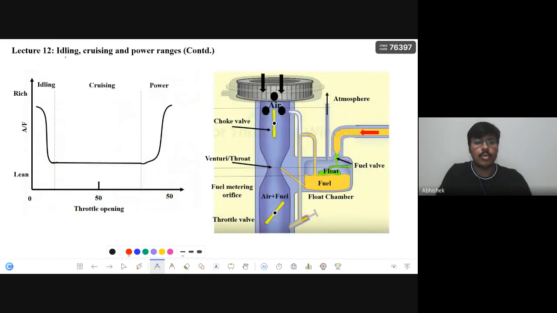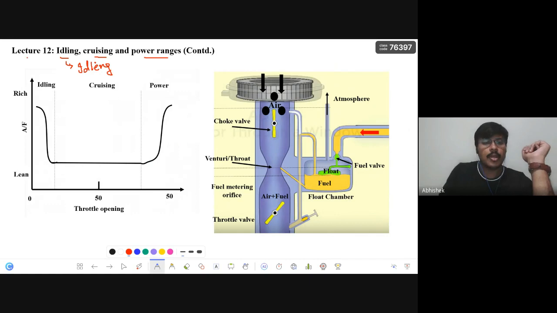Then we are coming to the three types of processes that we generally encounter. One is idling, one is cruising, another is power range. So what is idling? What do you mean by idle? Someone is sitting idle. What does that mean? Just someone respond.